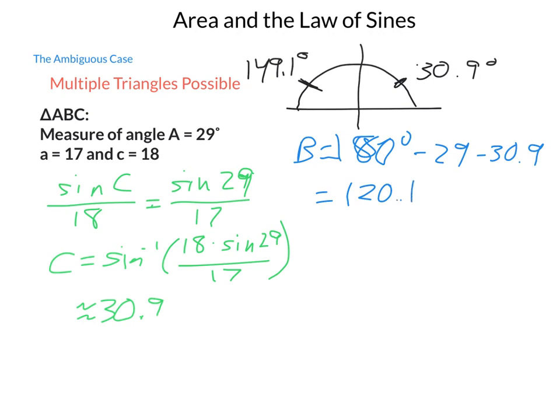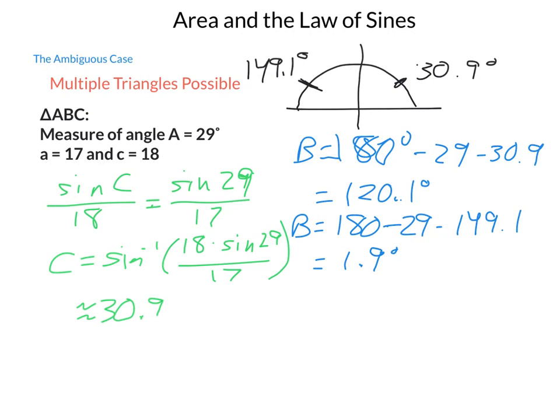I get angle B coming out with a value of 120.1 degrees. Well, if I were to use the other one, B being 180 minus 29, which I know to be true, minus the 149.1, which I speculate might be true, does it leave me room for another angle? And if I do that subtraction, I come out with an angle measurement of 1.9 degrees. Okay, so I can have either of these situations.